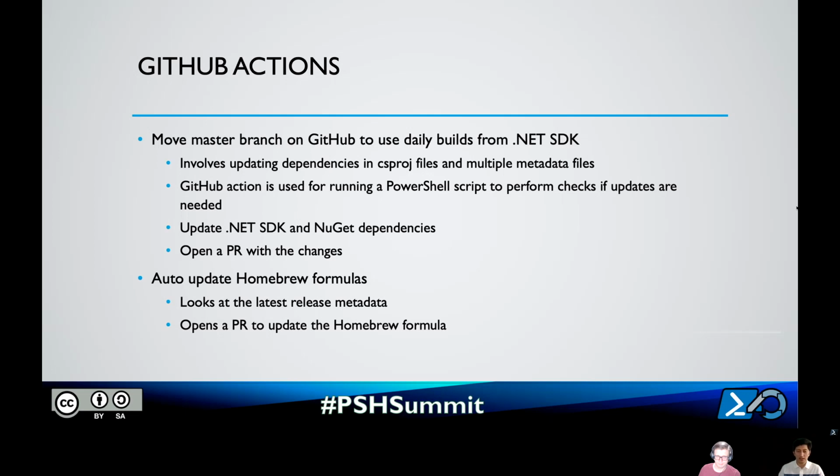Since a PR is created, it automatically runs all the CI tests to make sure that the changes are not breaking anything. Once that passes, we can merge the PR after reviewing, and it automates a bunch of things that we used to do manually, and keeps us at a good pace in accepting newer changes specifically from .NET.